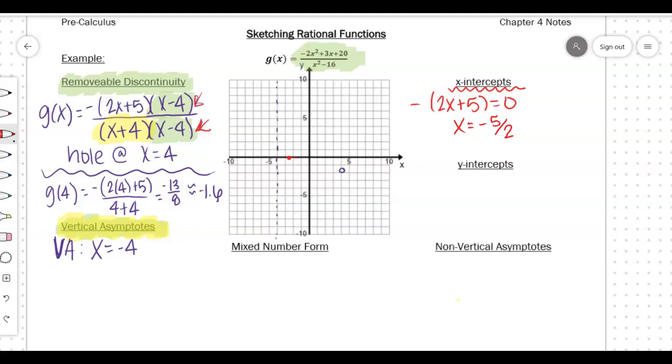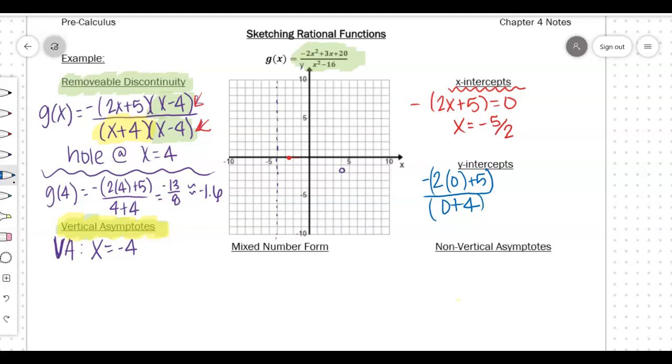For our y-intercept, that happens when x is equal to 0. So I'll plug in a 0 in for x. Note that you could plug 0 in to these other factors also.